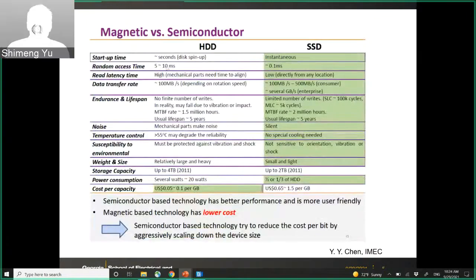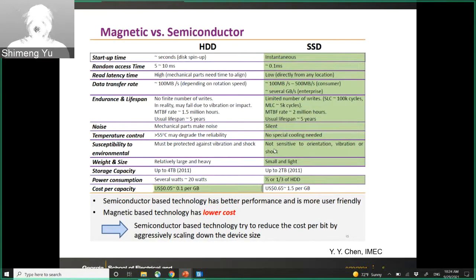Then if you compare the magnetic solution and the semiconductor solution, let's say the HDD, hard disk drive, with the SSD, solid state drive, you can have those comparisons. I will not read those details. Basically, you all like SSD, right? It's faster. You can boot up your system almost instantly. The data transfer rate is much higher.